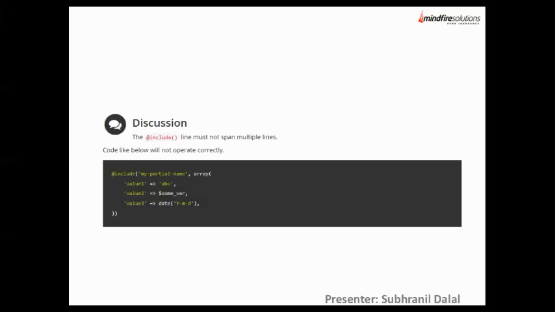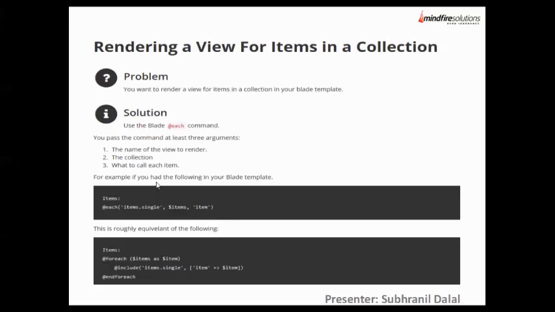Here I included a file and I need to pass some variables used in this partial file, so I take an array and pass all the values required in this file. So inside the include directive you can use the file along with all the parameters you can pass, which can be used in the included file. Then, how can you render a view file for each item of a collection? That is the same as using each.